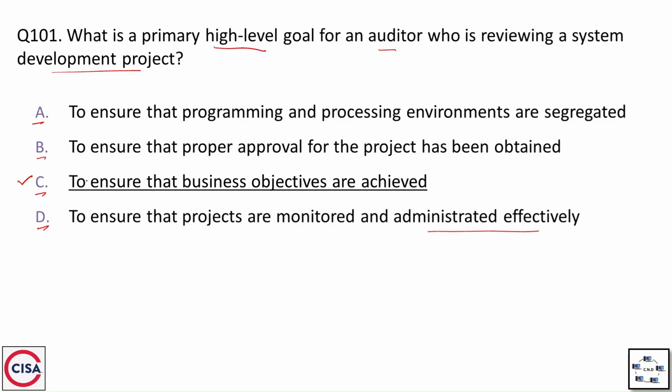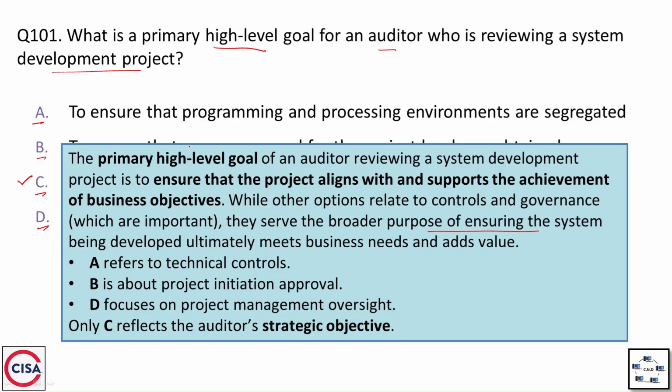And the explanation is, so the primary high-level goal of an auditor reviewing a system development project is to ensure that the project aligns with and supports the achievement of business objectives.